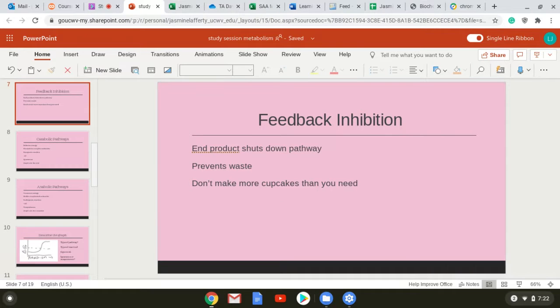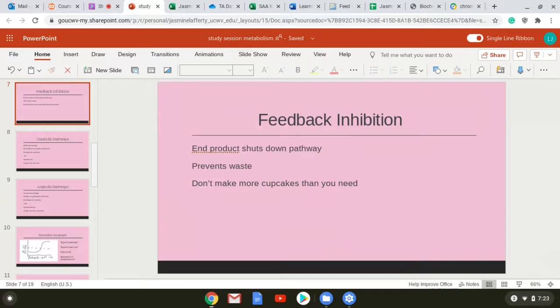So say I have made a dozen cupcakes and I can only eat a dozen cupcakes. I know that I will waste more cupcakes if I make it. So the last cupcake, that 12th cupcake, is going to shut down the pathway and is going to prevent waste.